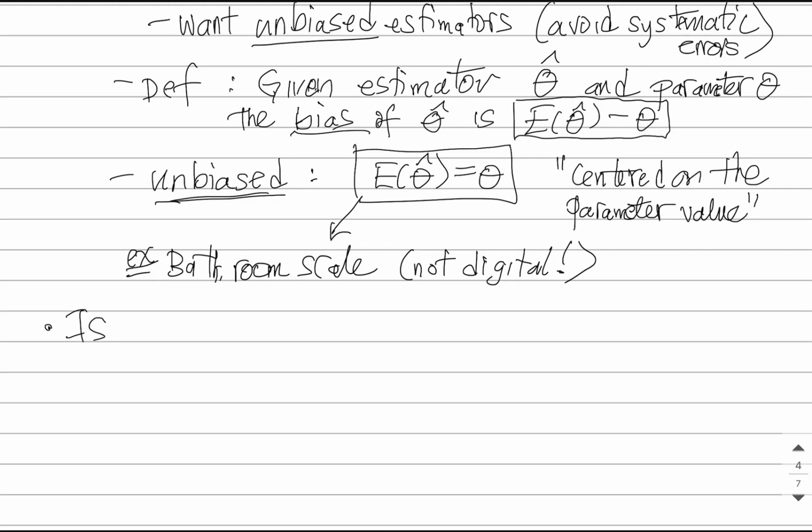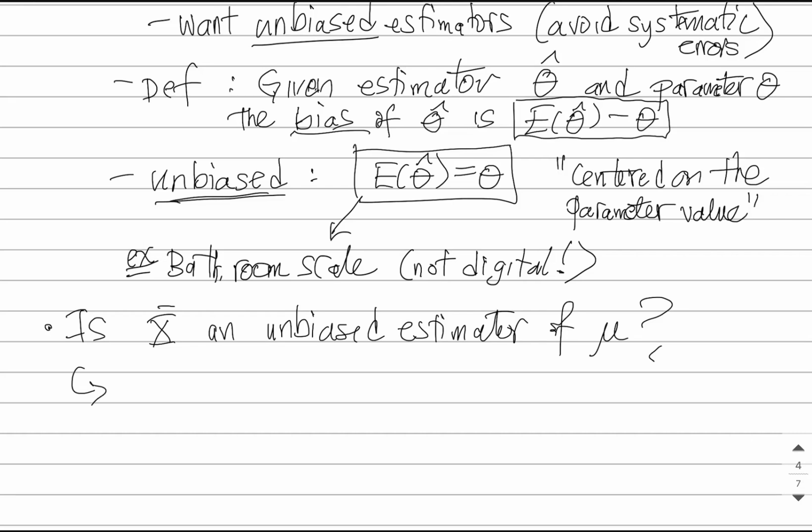So we are going to focus on a couple of things. Is the sample average an unbiased estimator of mu, the population average? If it's to be unbiased, we need to calculate the expected value of the average.